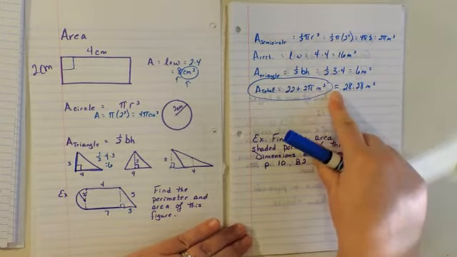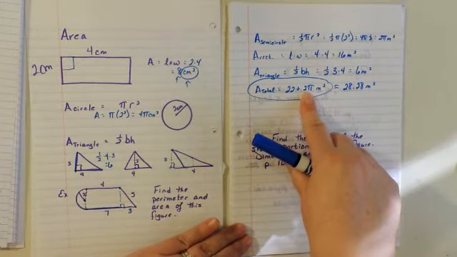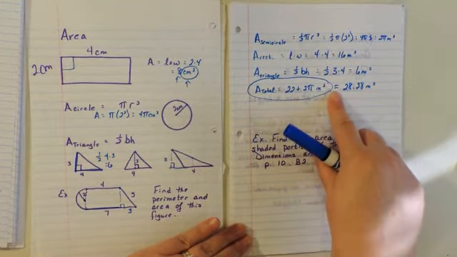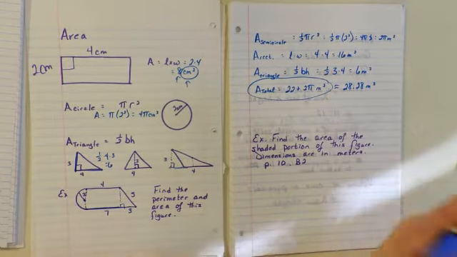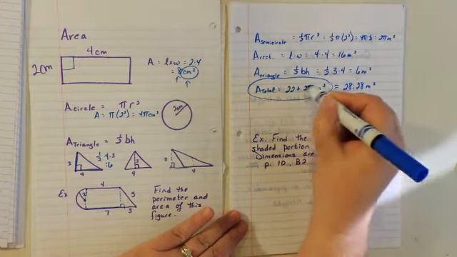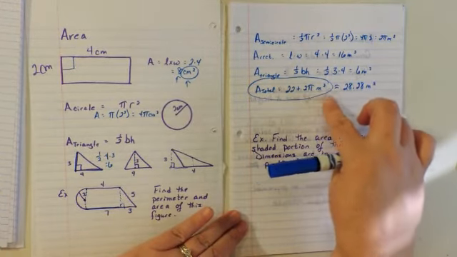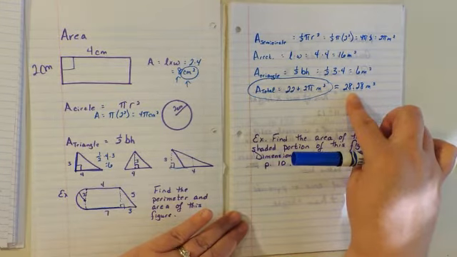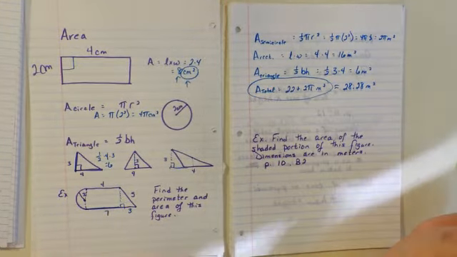This is not exact because pi is not exactly 3.14. So 2 times pi is not exactly 6.28. So this is approximately 28.28 meters squared. This is exact because it includes all the decimal places after pi. This is approximate. Okay? Now let's do the perimeter.